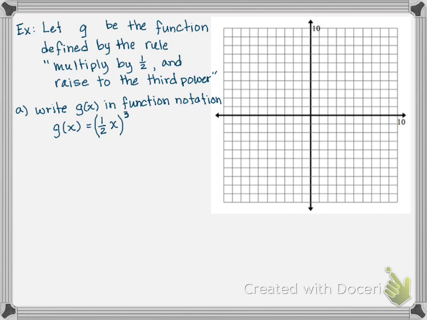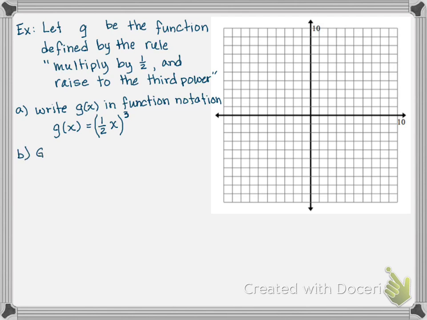And in this case, I would just leave it like this. We get really hung up on simplifying because it's often necessary to simplify. But here, when I think about plugging numbers in, I think it's probably easier to just multiply a number by a half and then cube it, because then I have smaller numbers to deal with, than cubing the number and then multiplying it by an 8. So I'm not going to worry about simplifying that to get rid of the parentheses. I'm just going to leave it like that.